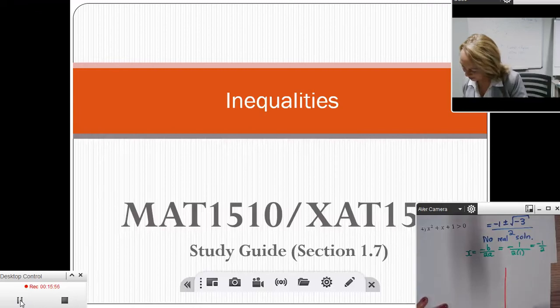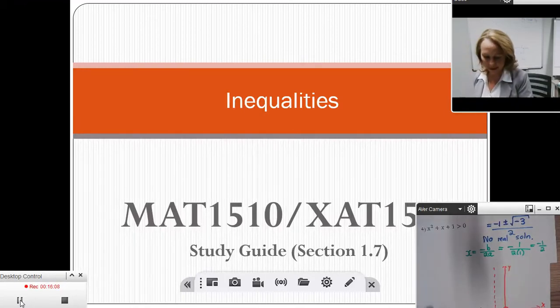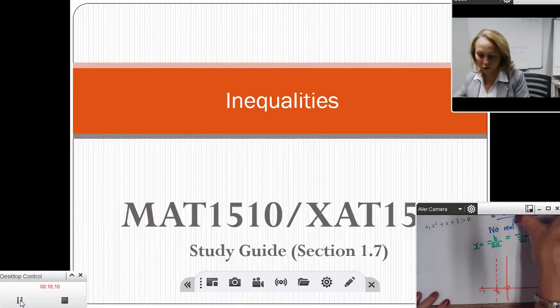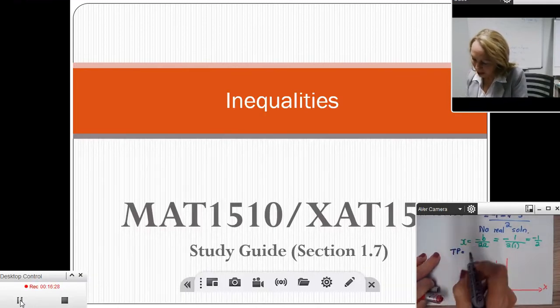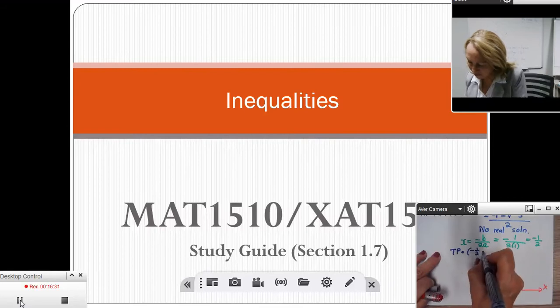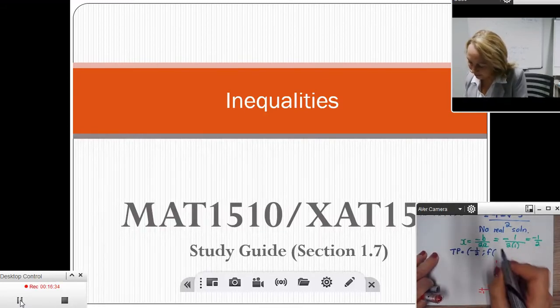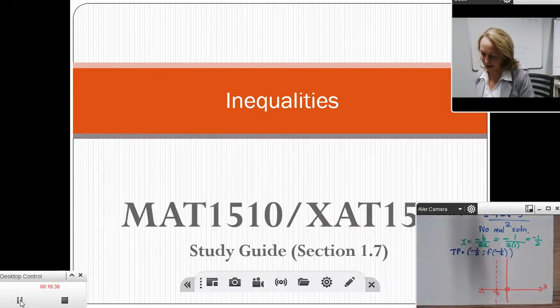So if I sketch this parabola, what will I get? Okay, so there's my x-axis and my y-axis. It says that the axis of symmetry is negative a half, so there's my axis of symmetry. If you work out the turning point, i.e. you substitute negative a half into the quadratic, your turning point will be negative a half and the y coordinate at negative a half.